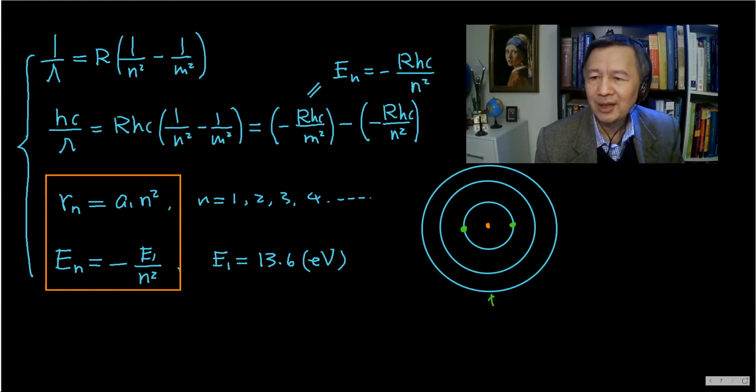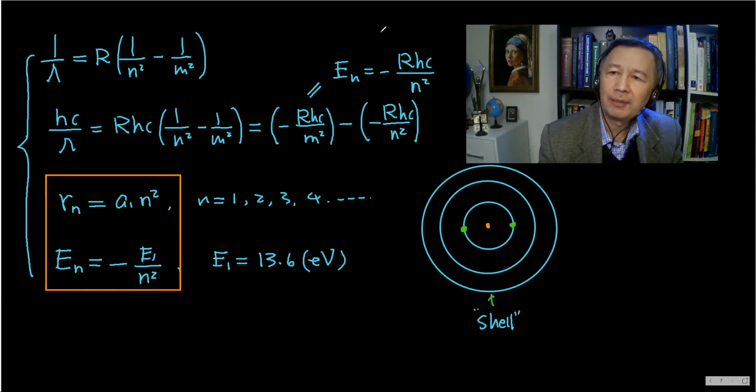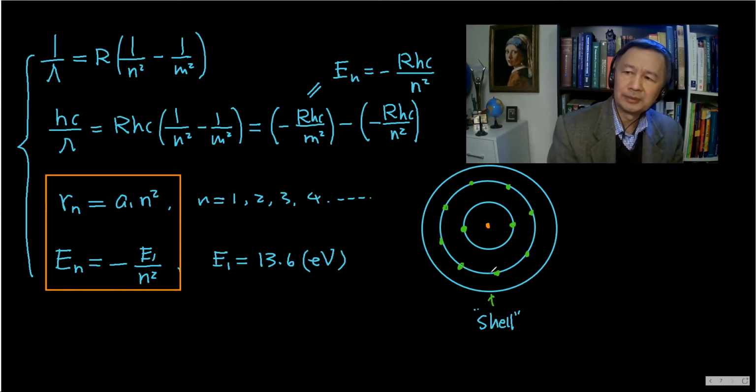They don't call it an orbit anymore. They call it a shell, trying to distance themselves from the idea of an orbit. And they just put in the number of electrons. By doing so, they are doing the electron configuration. That's how in any textbook people build the atom based on Bohr's model.